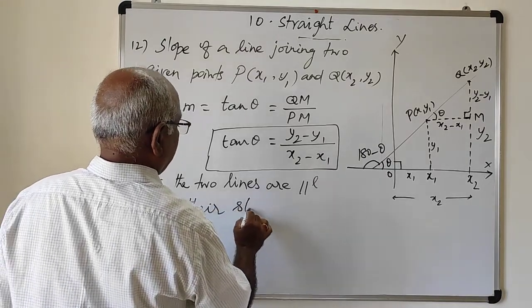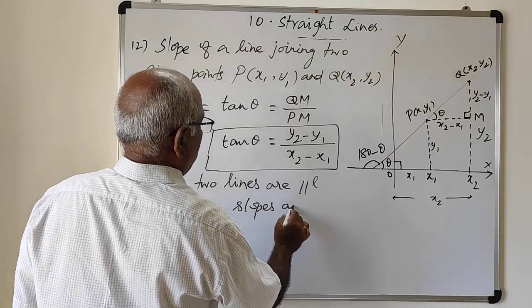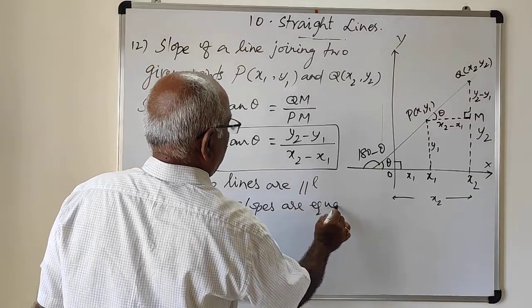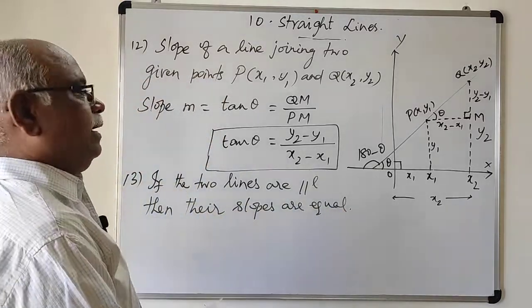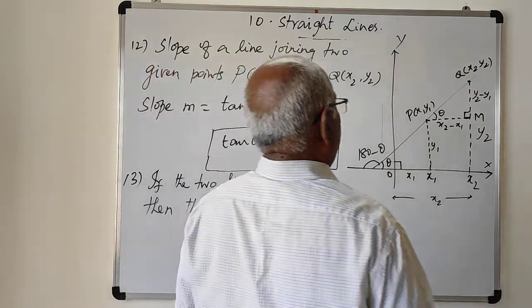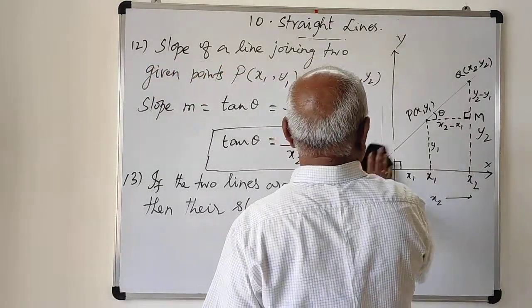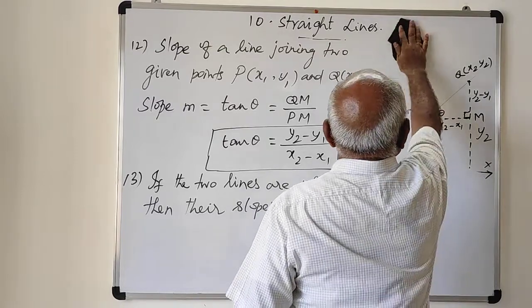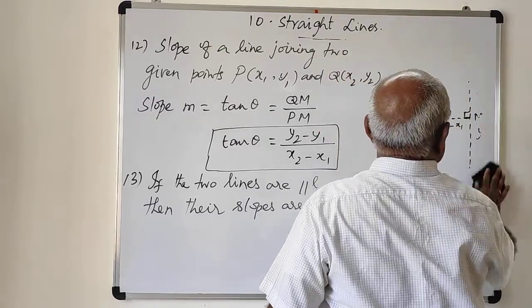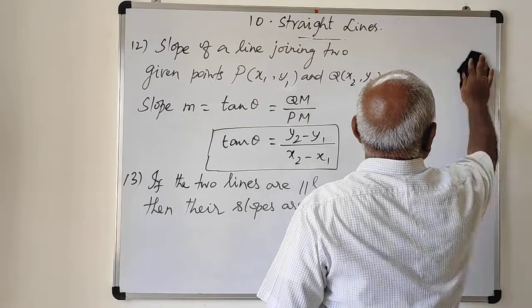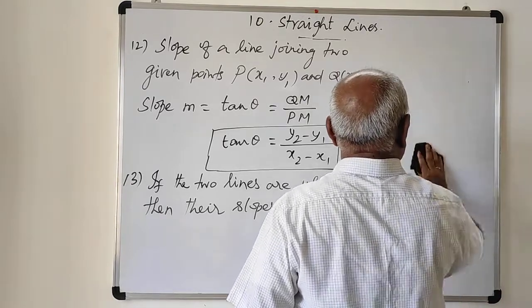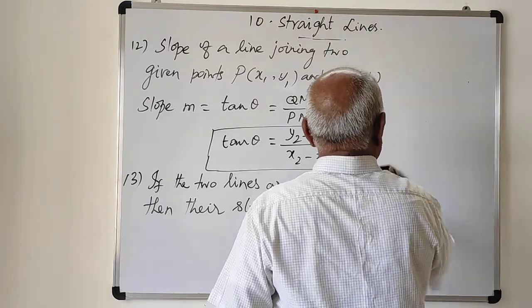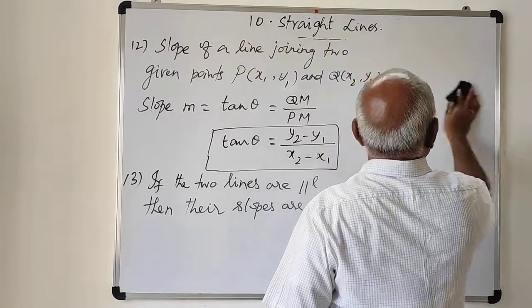How can I say this? I will erase this diagram. If the two lines are parallel, what is the nature of the slope of these two parallel lines?